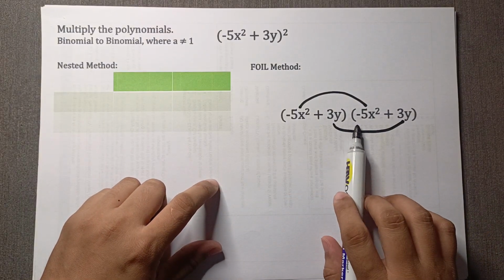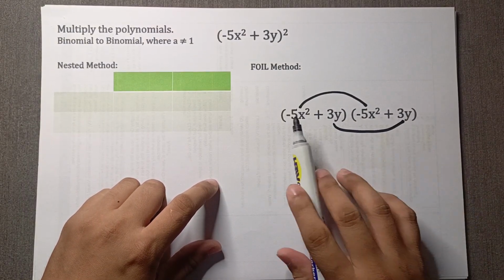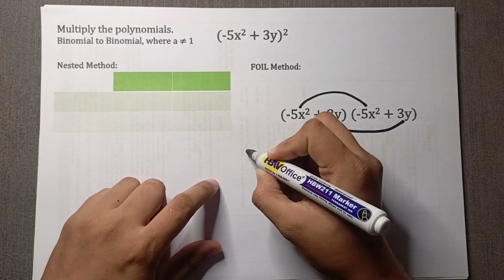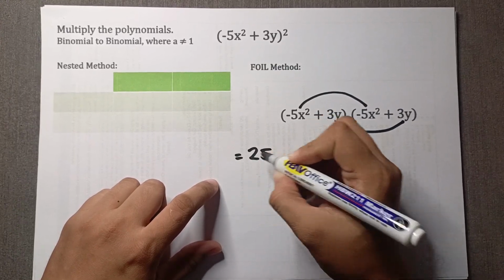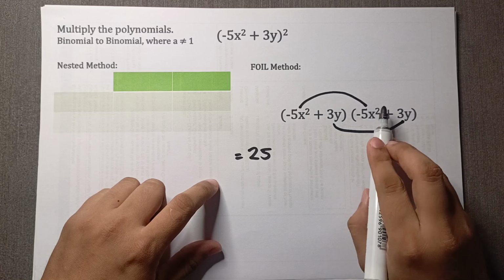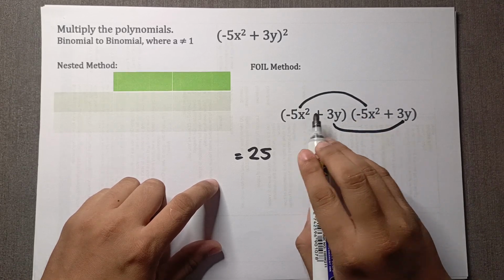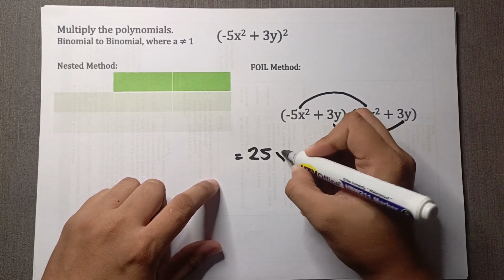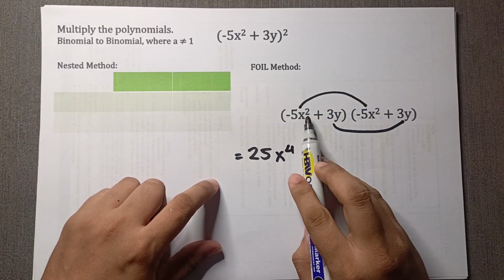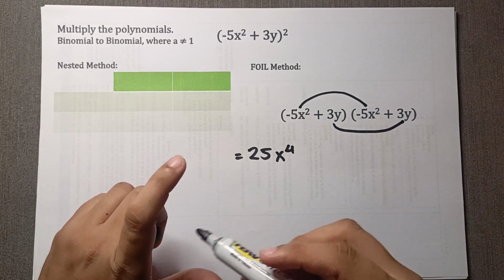So, we have negative times negative 5. That's a positive. So, 25 to. And then, x squared times x squared is equal to x raised to 4. 2 plus 2. Okay?